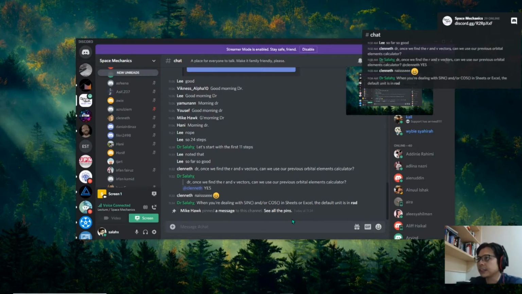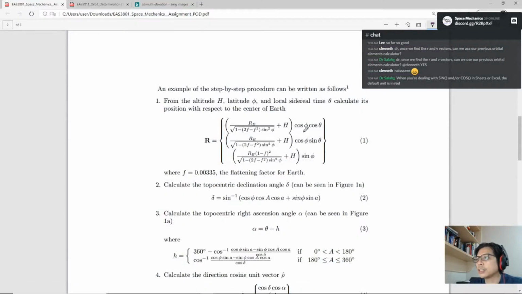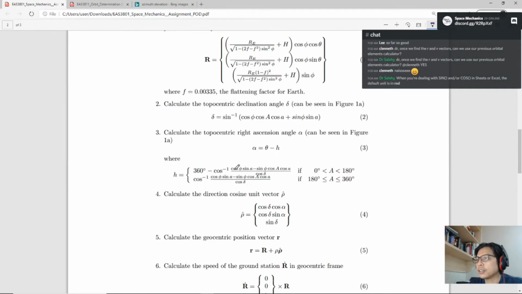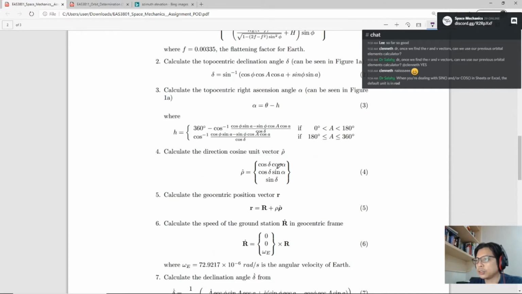That one is in degree. The previous assignment that we did, that one is okay. In the future, you'll have a lot of degrees here, so you need to be careful with that one.